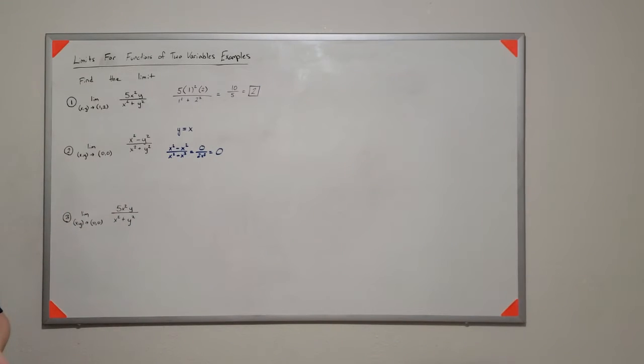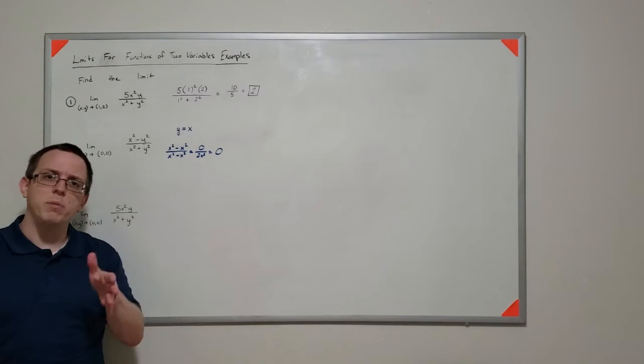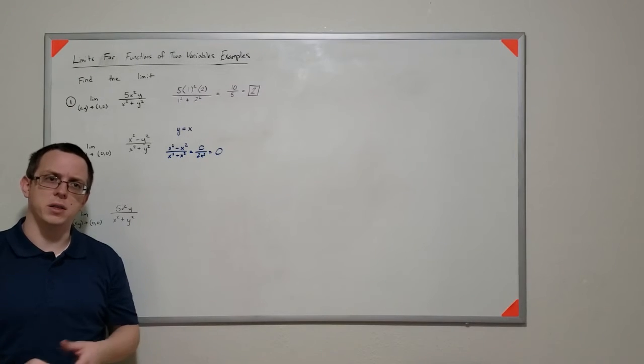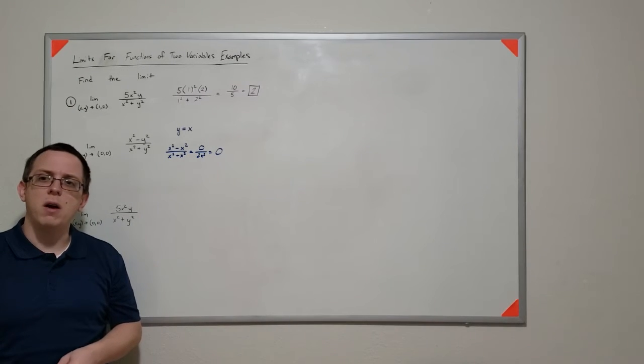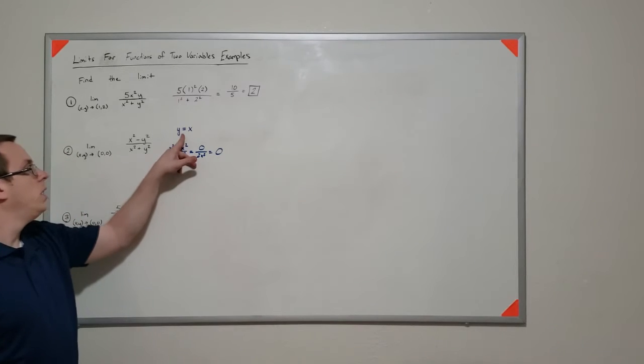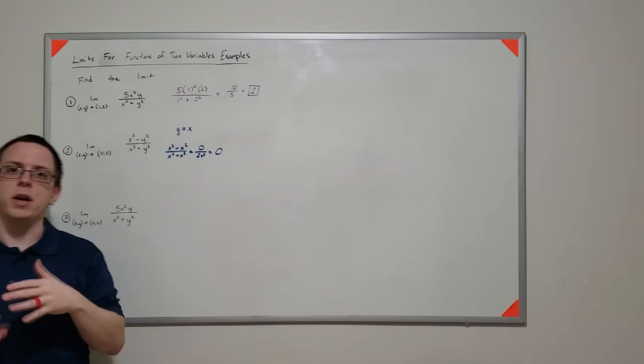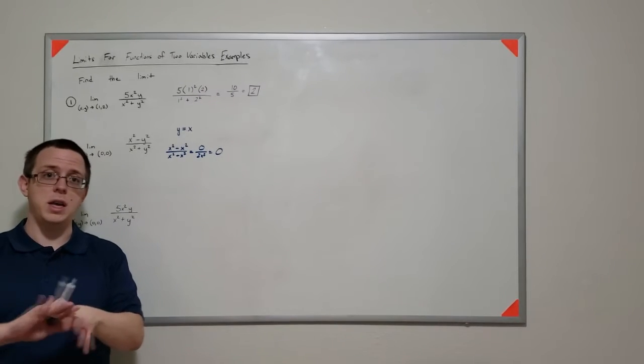But then you have to think, okay, that's one path. What about other paths? Specifically, what about a path where instead of y equals x, we think of y equals mx for any slope?